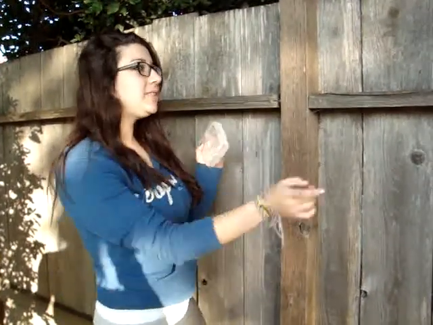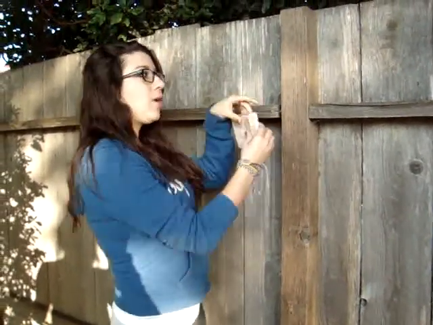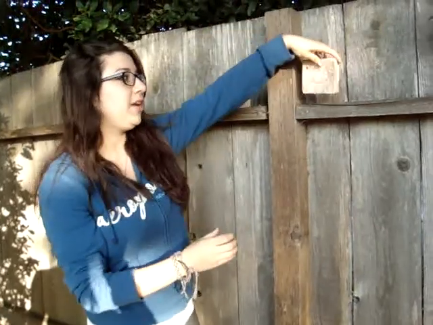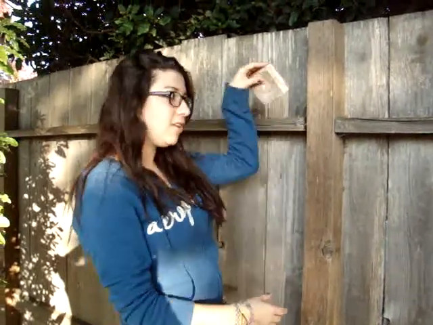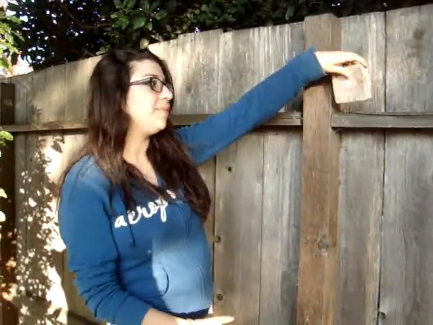Basically, if two segments meet at a right angle here and a right angle here, then they're perpendicular. You would use it in a theorem and say if two segments are perpendicular, then they form right angles.